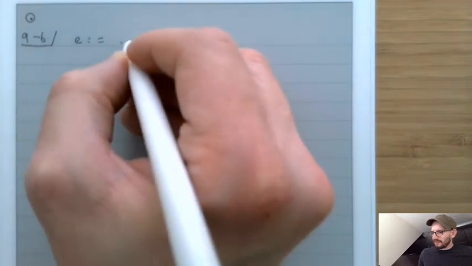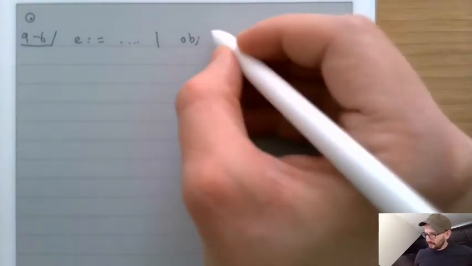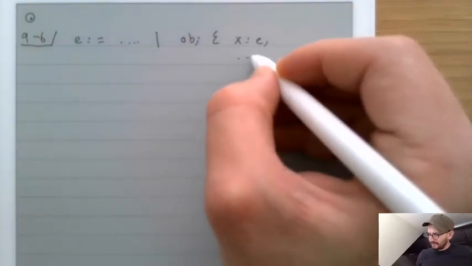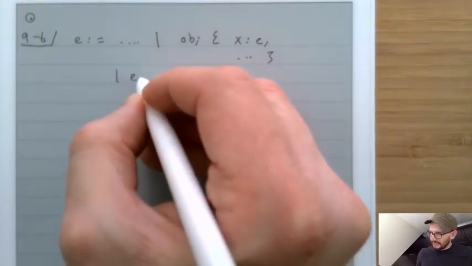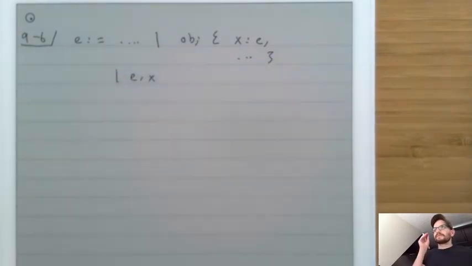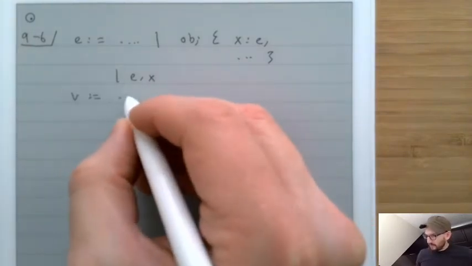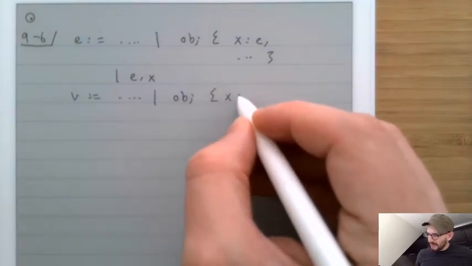So we'll extend our language of E with the form object with curly braces and then x a colon E, and there can be many of those. And then there will also be a form called E.x. And values would be extended with objects, which would have an x and a v.